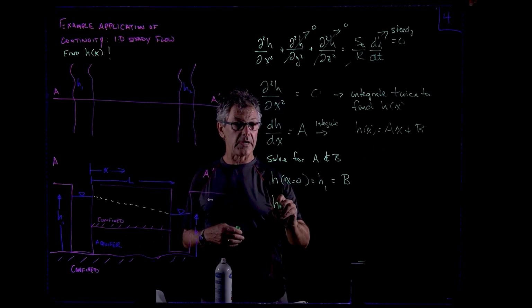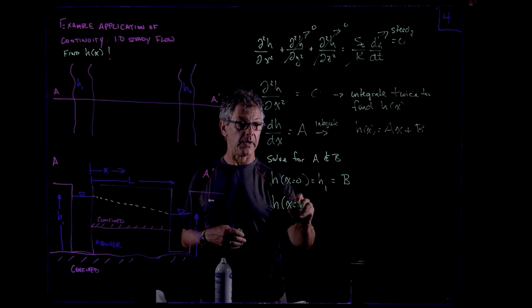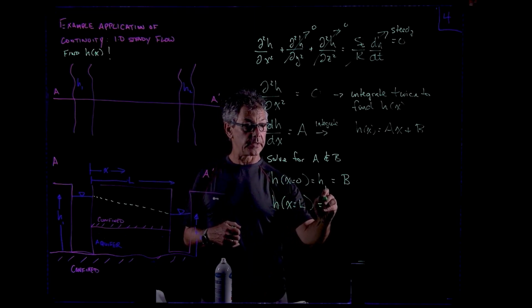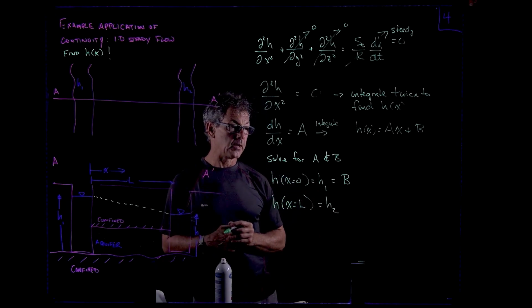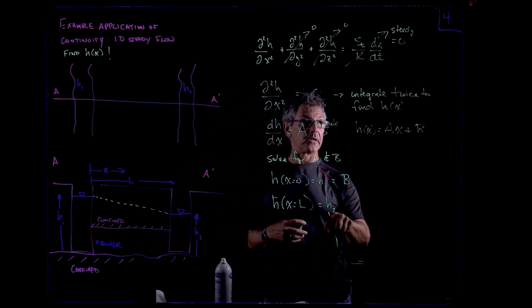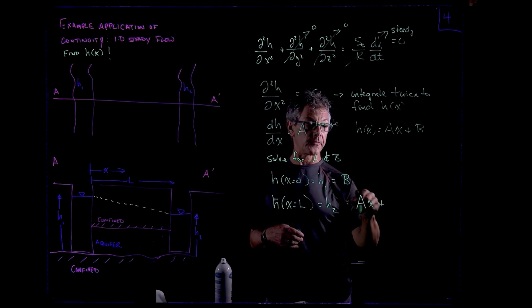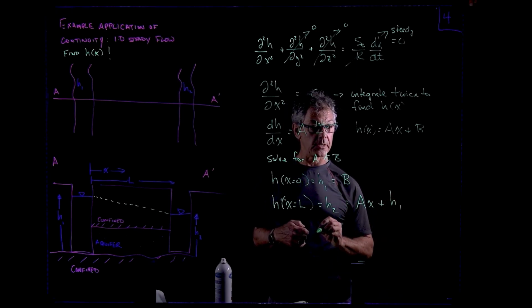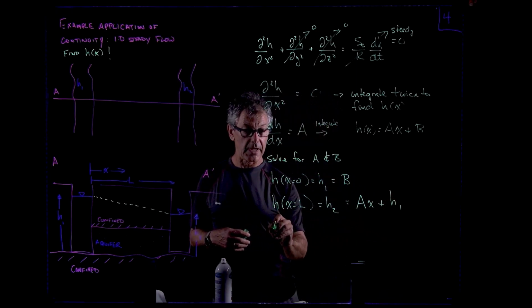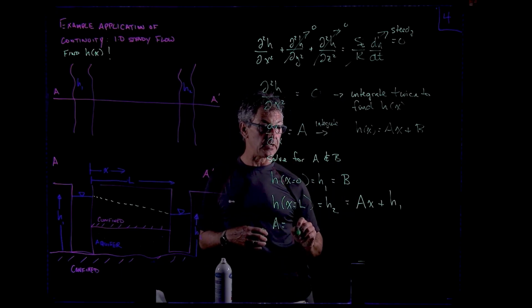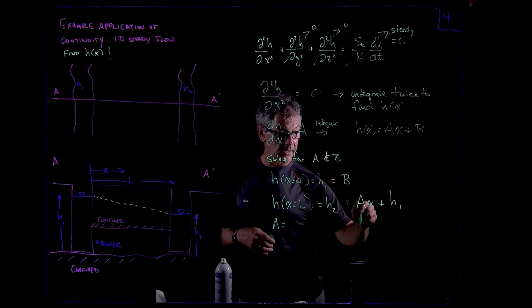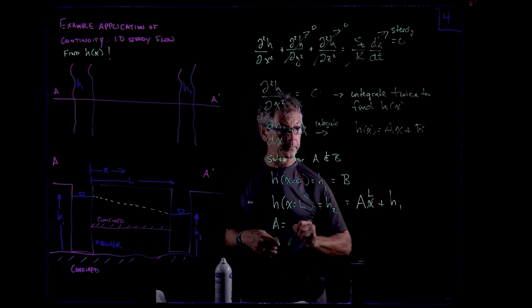And then we have h at x equal to L is equal to h2. But we see that's a little bit more complicated. We have a times x plus, we've already solved for b, so we can put in h1. This is L now.